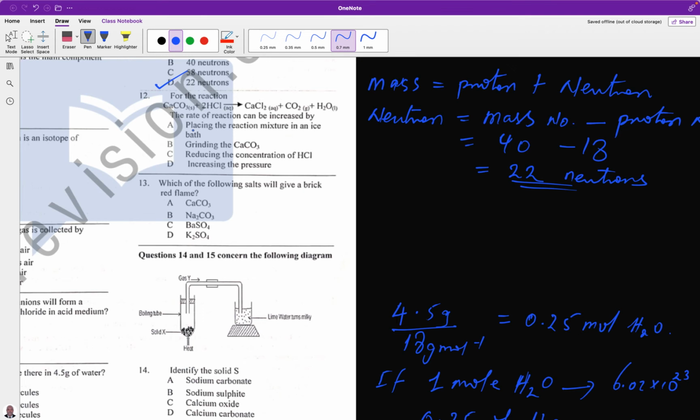When we grind the calcium carbonate into powder, we increase the surface area, and increasing the surface area of a reactant increases the number of collisions, and an increase in the number of collisions will lead to an increase in the rate of a chemical reaction. So B is the right answer.